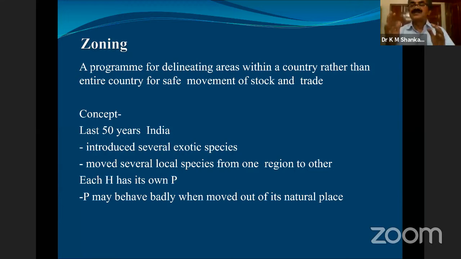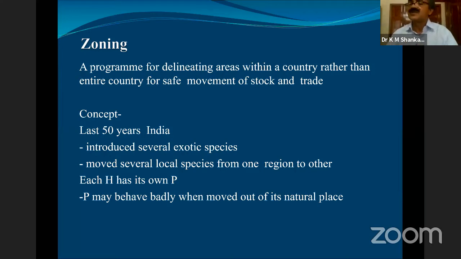So instead of blaming the whole country or looking at a country in a bad angle, there are some green zones where trade and movement of animals can be carried out. It's valid for India. For the last 50 years, as I said, we have introduced several exotics, some with the guidelines, some without, some clandestine, and they have moved across carrying their pathogens with them.